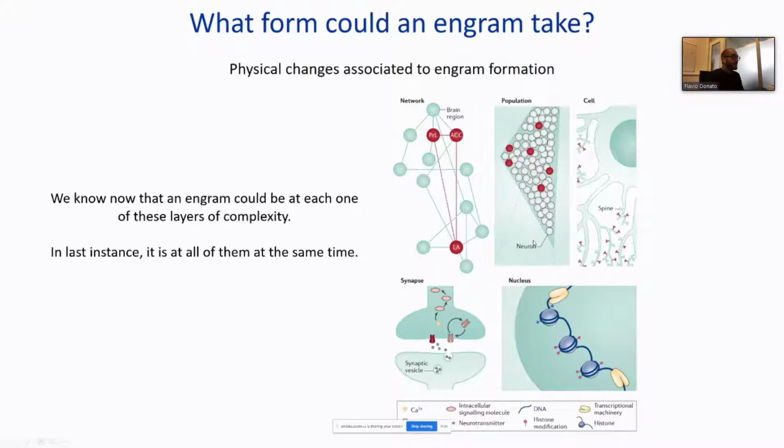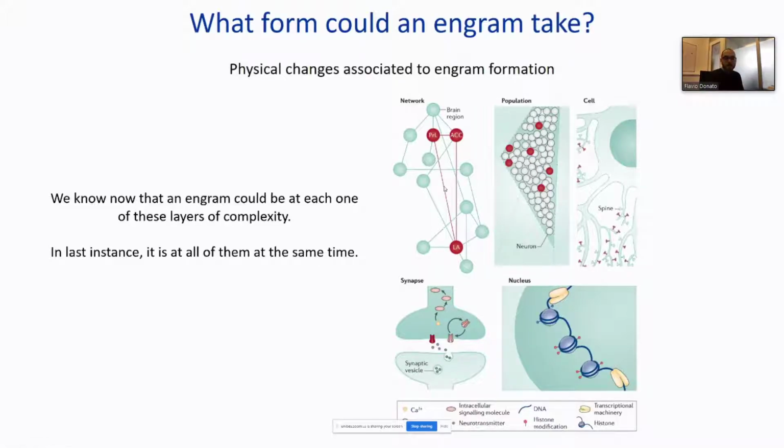And most likely, it is in all of them at the same time, namely that you have different expression of genes that induce potentiation or depotentiation of synapses, which change the way in which a neuron is active or connected to other neurons, which influence which cells in one area are active at the same time, which again is not something that you find all over the brain, but in specific areas that take care of creating memories, of building memories, or of storing information.